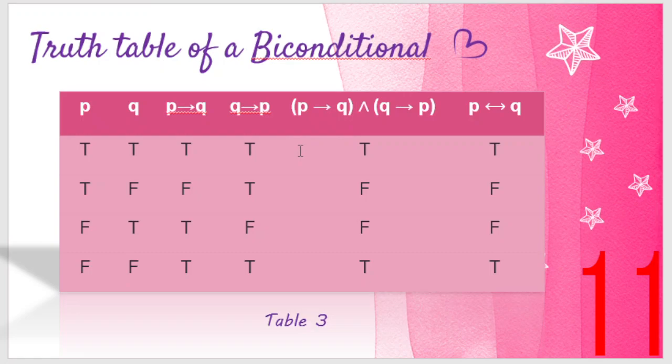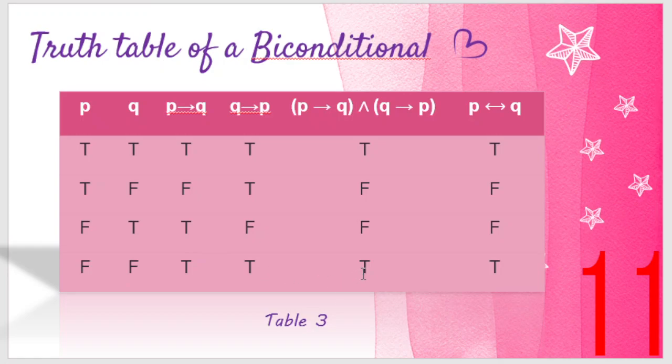Again, like I said, the and connective is in favor of the false statement. Once one of the simple statements is false, automatically our and connective will be false. So we have here true, true, that is true. False, true, that is false, since we have a false statement. True, false, we also have a false statement, so that is false. And two true, so that is true.